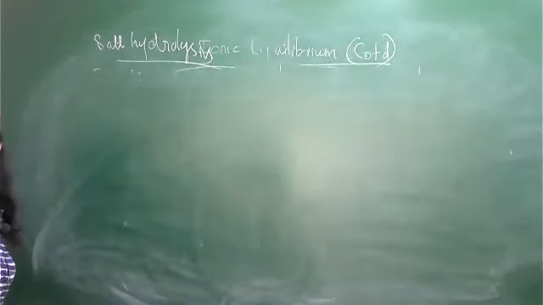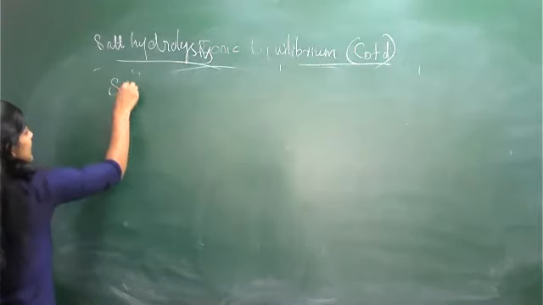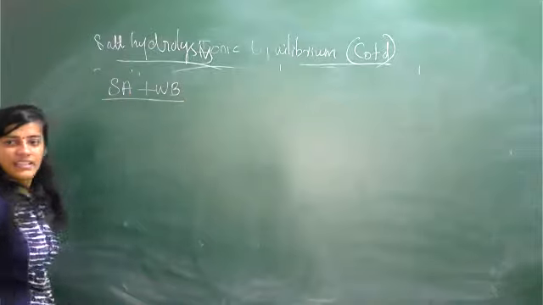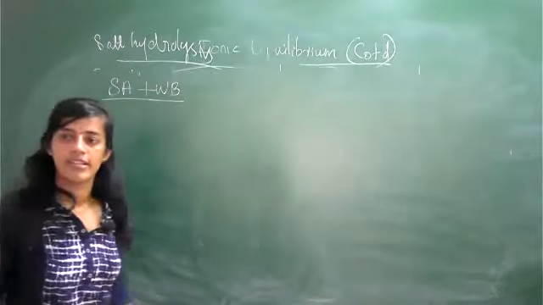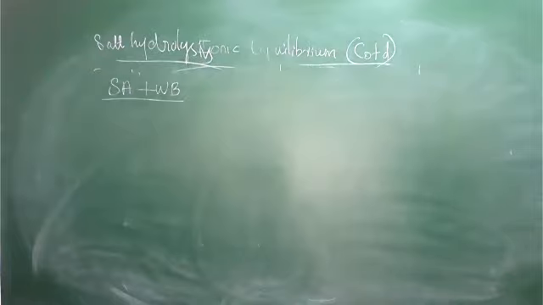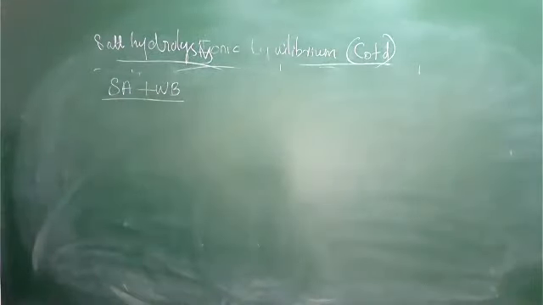Now another one. Which one? Strong acid plus weak base. Can you follow the same procedure? I will help you with an example, but you want to follow me. Weak base and strong acid.